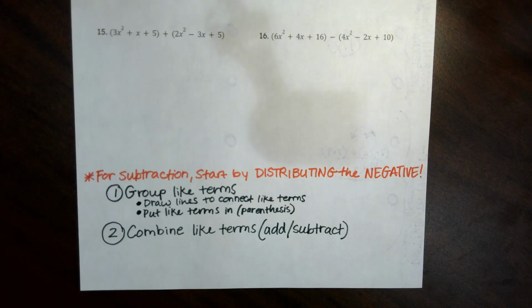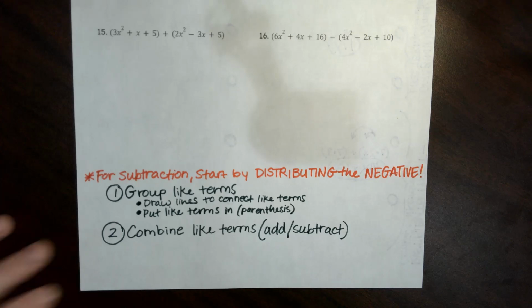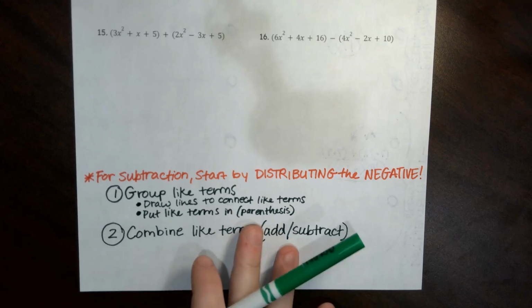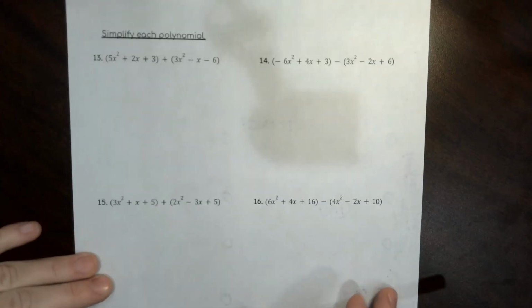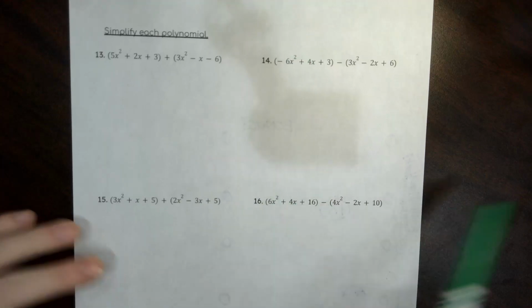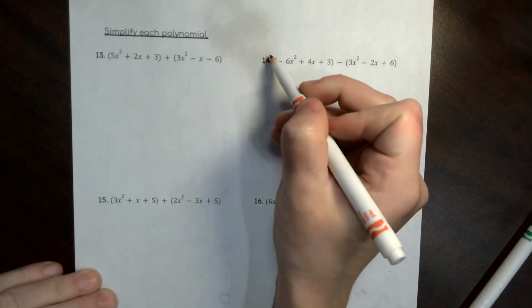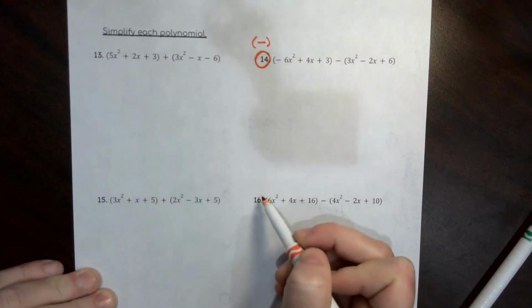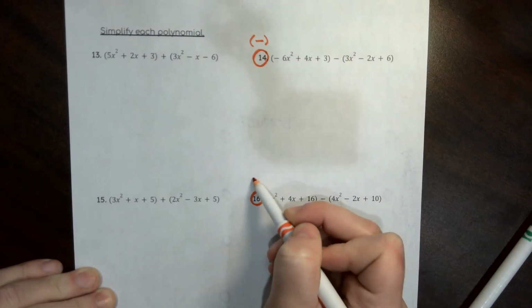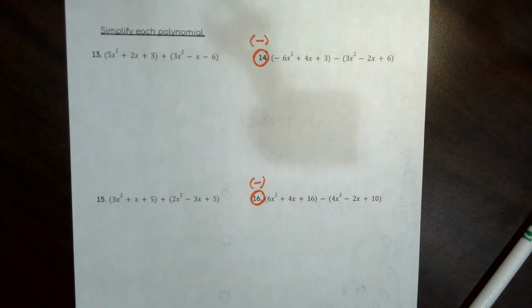Okay, so this is just another little key to help you out, kind of part of the cheat sheet. As a guide, number 14 and 16, those are our subtraction problems. So those are the ones that we're going to start by distributing the negative first.